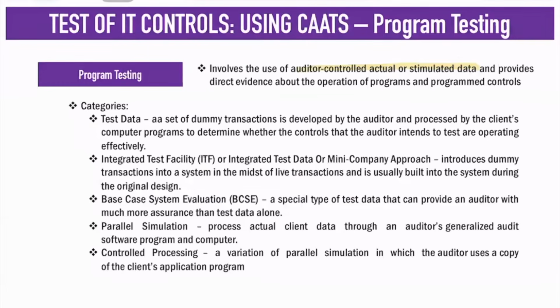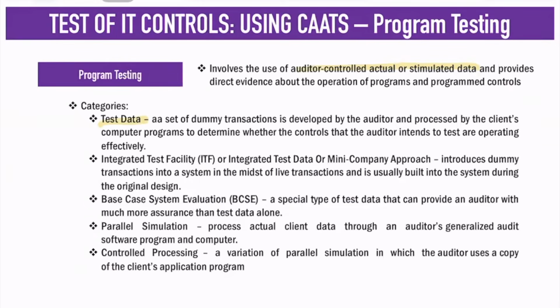So here, first, test data. In your test data, we have different dummy transactions. It's developed by the auditor and processed by the client's computer programs to determine whether the controls that the auditor intends to test are operating effectively. So these dummy transactions will be used as test data, and you place that in your client software.